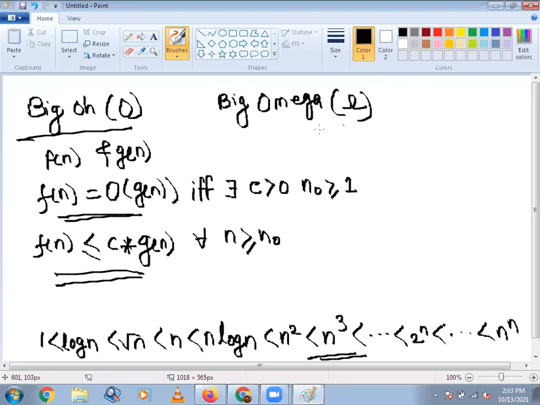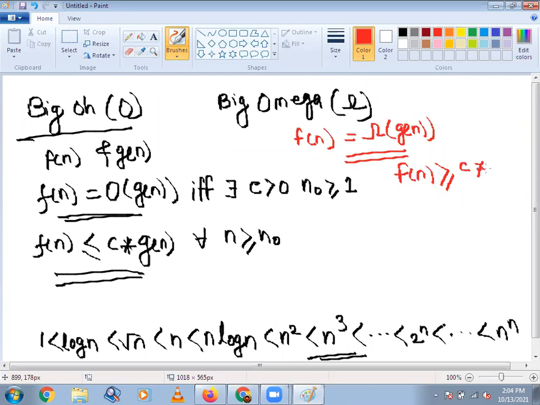Same concept as in big OH, there are two functions, f of n and g of n, and the relation between them is f of n is equal to omega of g of n if and only if there exist c greater than 0 and n0 greater than or equal to 1, and we can write this equation as f of n is always greater than or equal to c into g of n. So this is the lower bound.